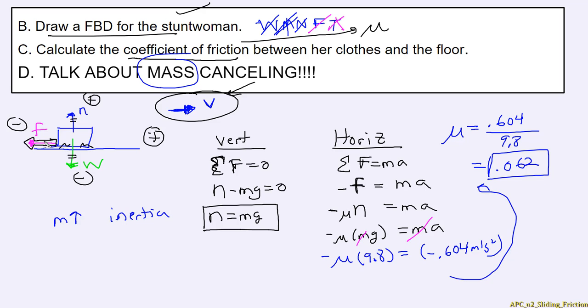But as her mass goes up, the weight goes up, which compresses the surface more, which makes the normal go up, which makes friction go up. Sorry, that's a little confusing because friction is pointing to the left, but friction's going to go up. So as the mass goes up, the inertia goes up, this side of the equation, but as the mass goes up, so does the pressure at the surface proportionally, so the mass cancels. All right, and I think that's a really important concept.